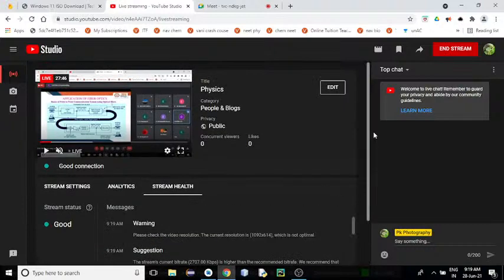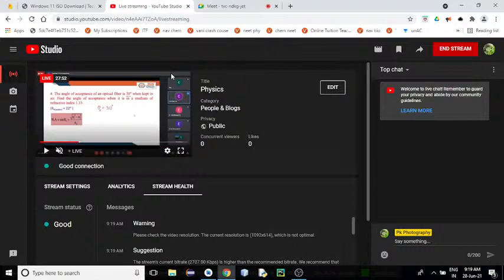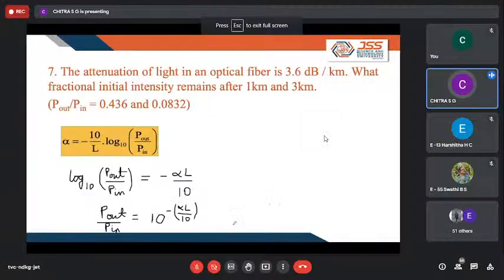So this is with respect to attenuation coefficient. Write down: the attenuation of light in an optical fiber is 3.6 decibel per kilometer.